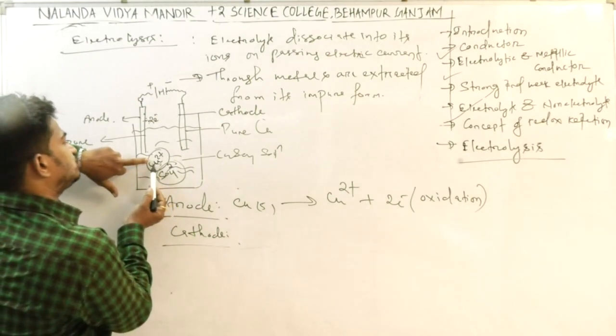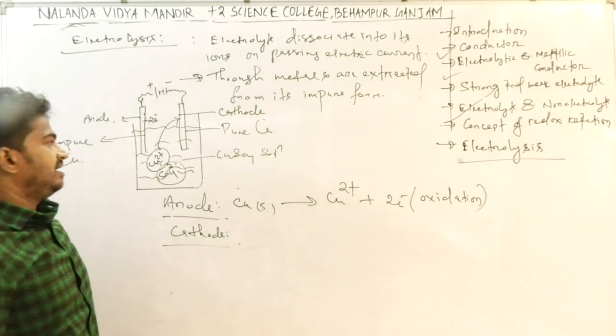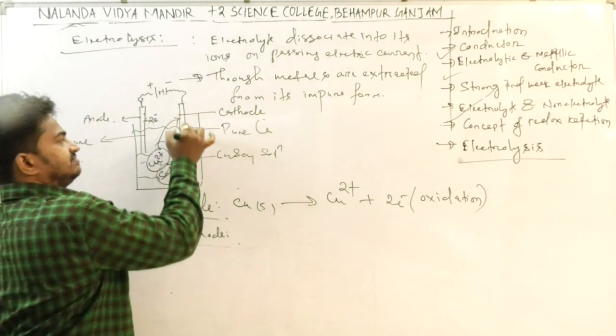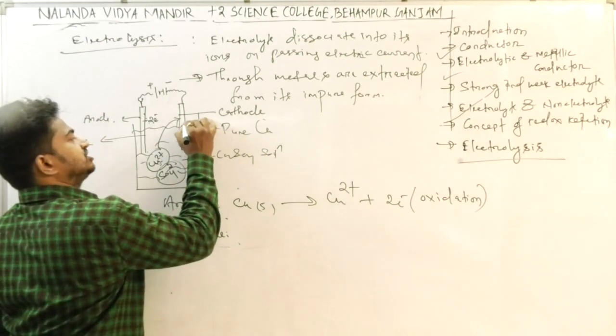Here the Cu2+ ions will move to the cathode electrode and deposit over it.